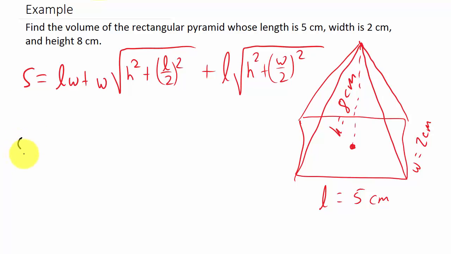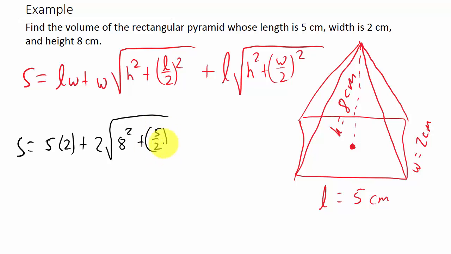So we get the surface area: l times w, that's 5 times 2, plus w, which is 2, times the square root of h squared, that's 8 squared, plus l over 2, that's 5 over 2 squared, plus l, which is 5, times the square root of 8 squared plus w over 2, that's 2 over 2 squared.